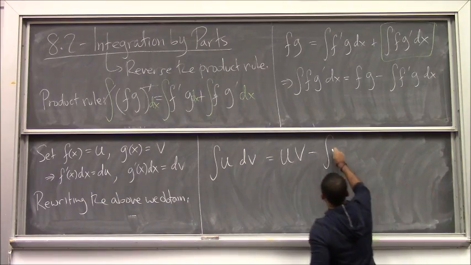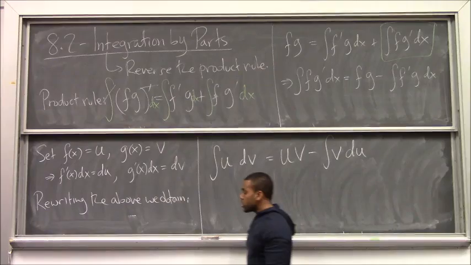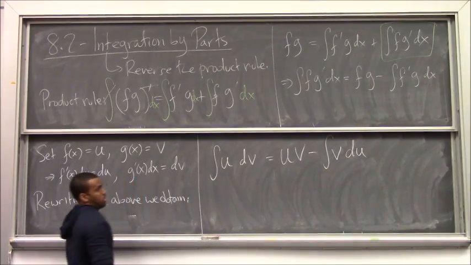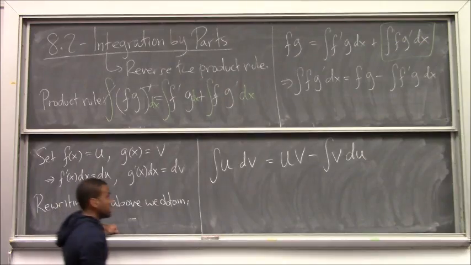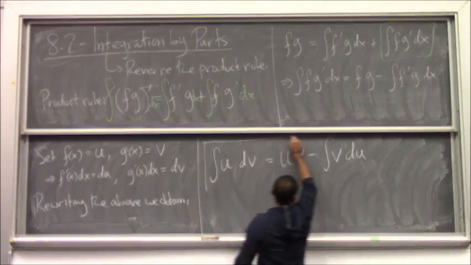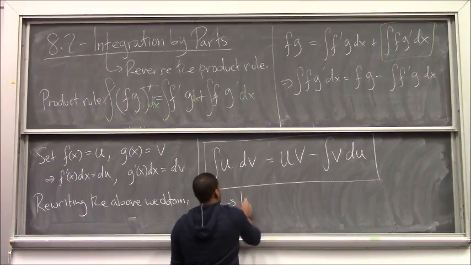Our g is v, I'm going to write that first, v du. The integral of u dv is u times v minus the integral of v du. This is our formula. This is what's called the integration by parts formula.